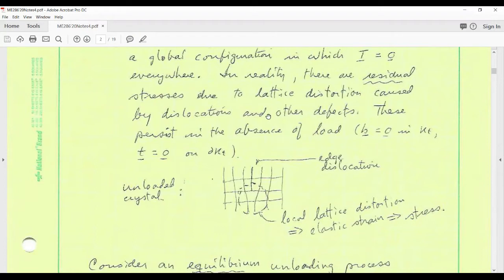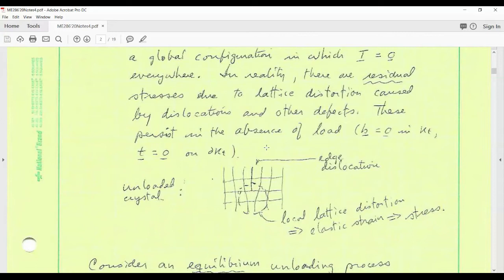So in reality, the residual stress is due to the lattice distortion caused by dislocations, and also possibly other defects like interstitial atoms. A foreign substance lodged in the lattice will cause a distortion of the host lattice in the neighborhood of that interstitial atom. Or you might have a vacancy, a void, caused by diffusion of interstitial atoms away from the material.